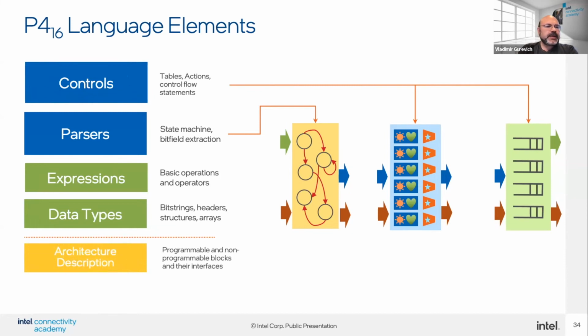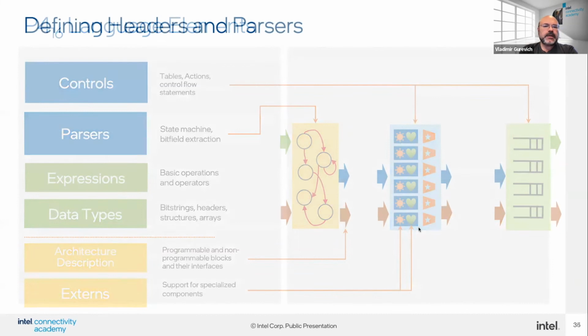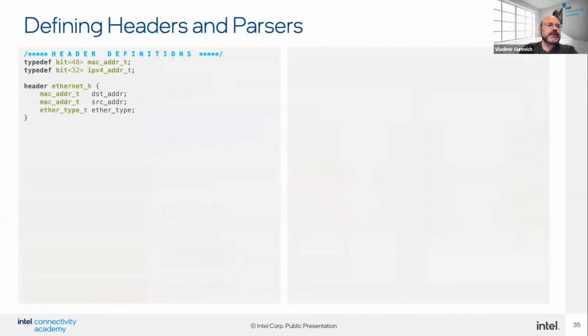And then P4 has a couple of additional facilities that are typically not used by ordinary users, but they allow the vendors to express the details of their specific programs. So they allow vendors to express what kind of signals their target is using to control fixed function components or interact with them, and what kind of additional components it has that are available to P4 programs to perform some specialized operations.